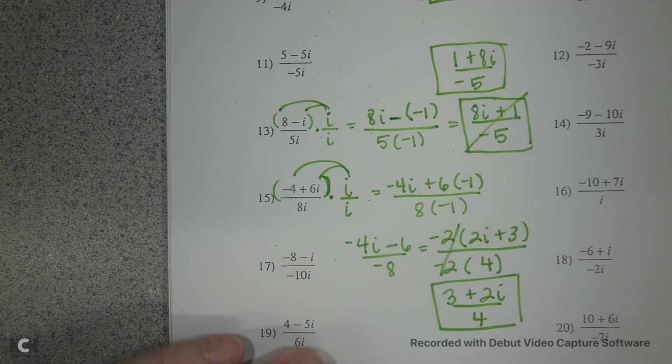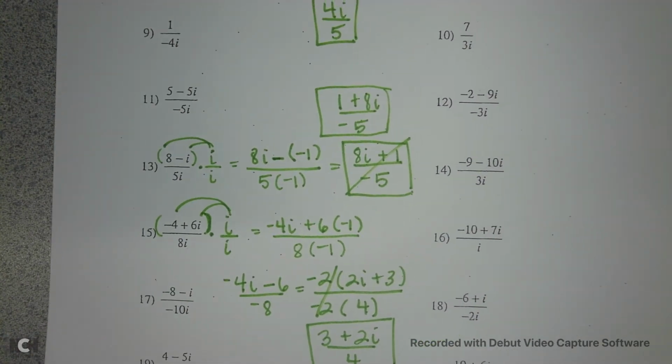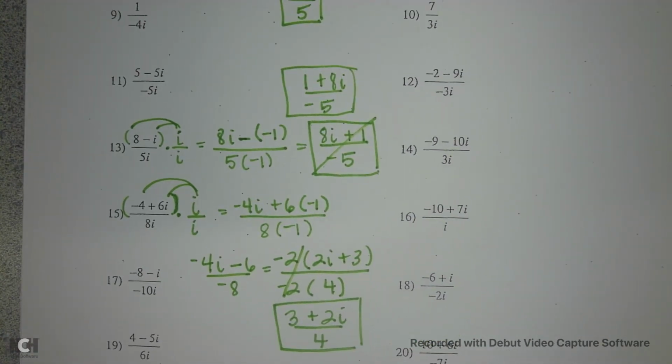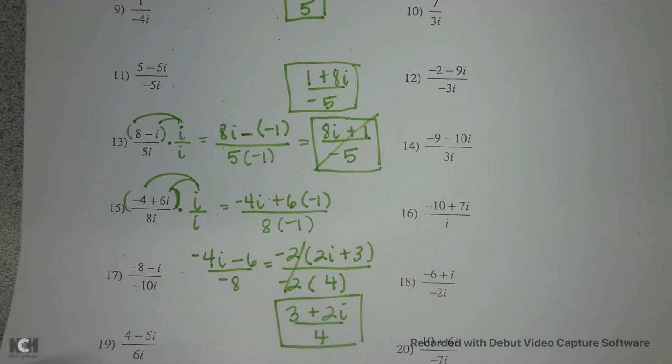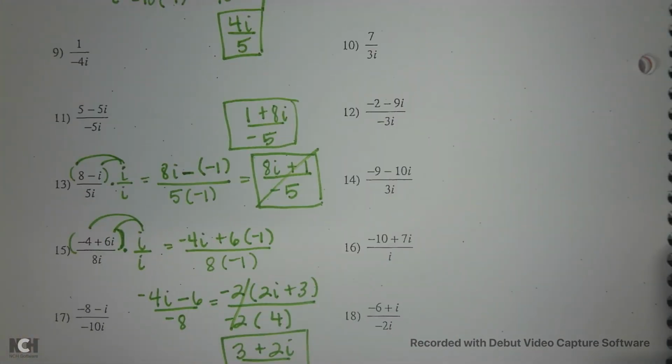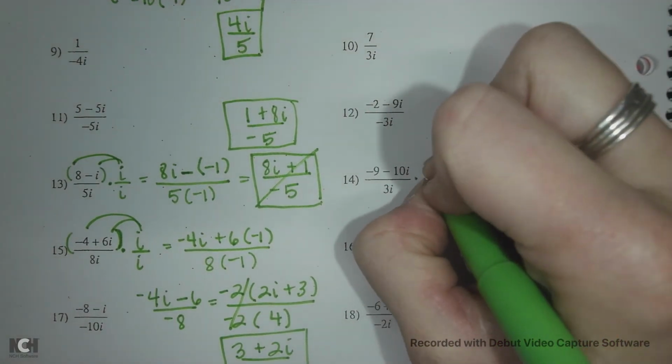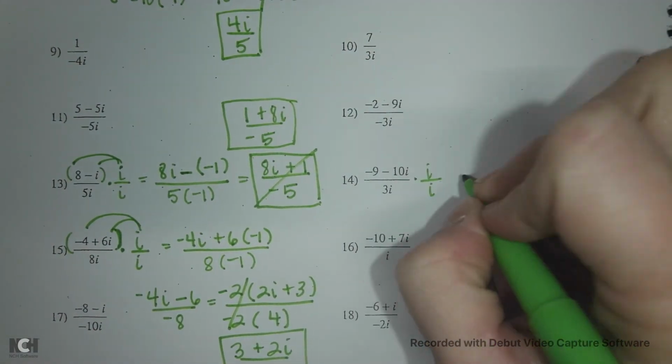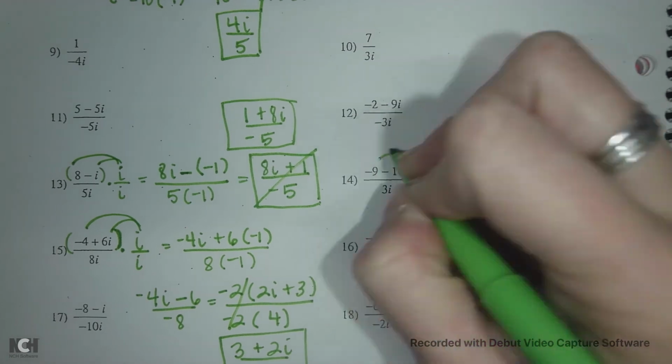Let's do one more just to make sure we're good to go. How about number 14? Okay, on number 14, I'm going to multiply the top and the bottom by i so that I can rationalize. Distribute your i.